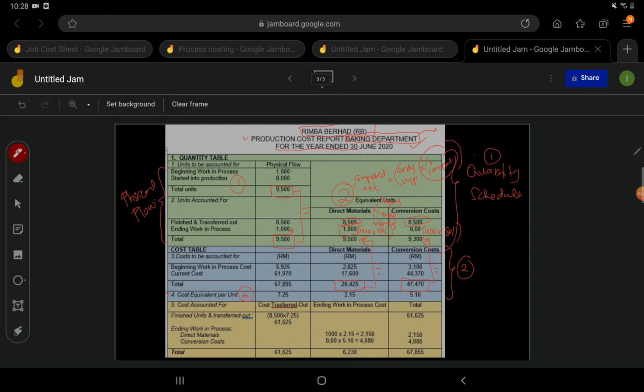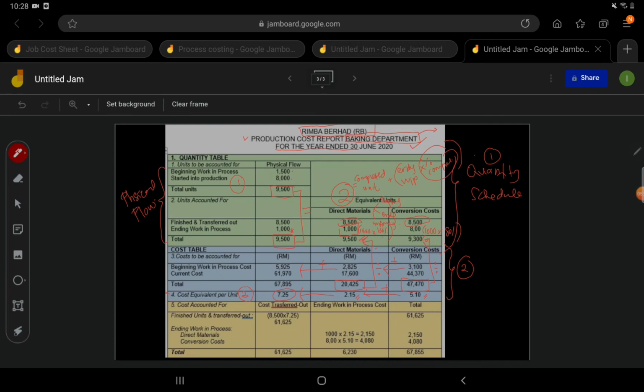Right? So this is cost per equivalent unit for direct material and for conversion cost. And then to compute the total, okay, we get the total cost per equivalent unit is 7 ringgit 25 cent. Okay, for the total cost, you go from right to left to get the total.